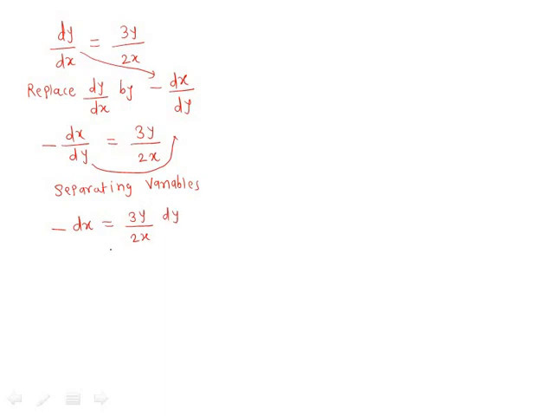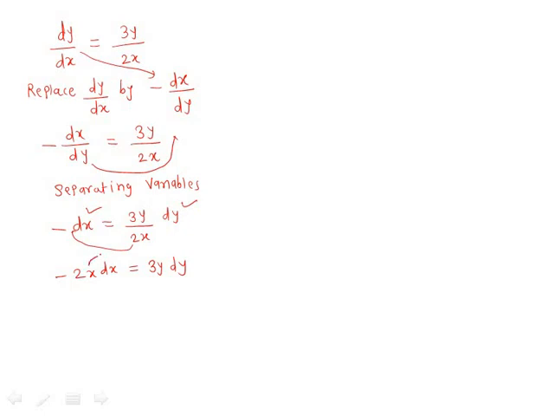Then we will keep all the terms which include x along with dx, and all the terms which include y along with dy. So we keep this 2x along with dx, so it becomes 2x dx, and on the right hand side it is 3y dy. We will readjust the terms.